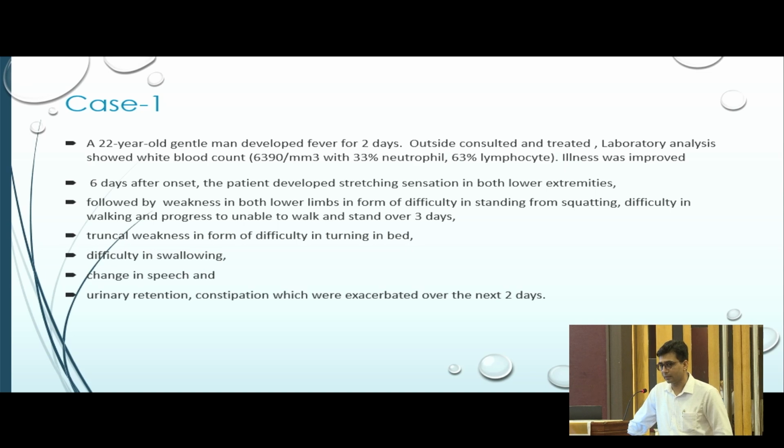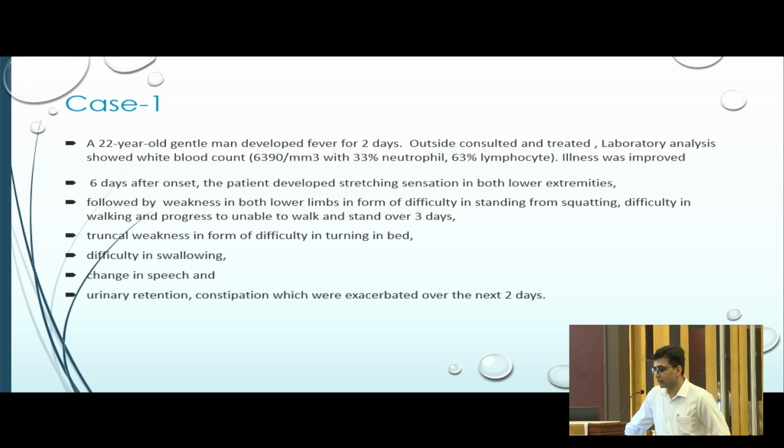Six days after the onset, the patient developed a stretching sensation in both lower extremities, followed by weakness in both lower limbs, initially difficulty standing from squatting, then difficulty walking, progressing until he was unable to walk or stand over 3 days.